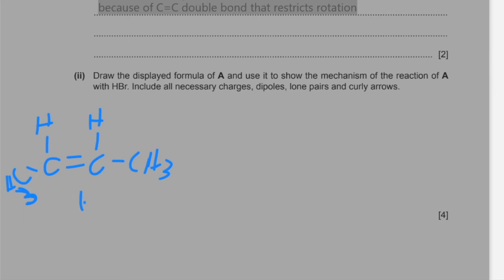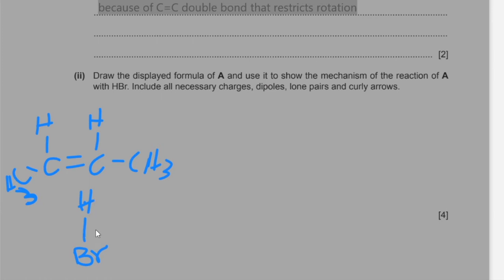Alright, so the proximity of hydrogen bromide to the pi bond induces a temporary dipole on hydrogen bromide because the electron dense region in the pi bond between these two carbon atoms repels the electrons away from hydrogen towards bromine.